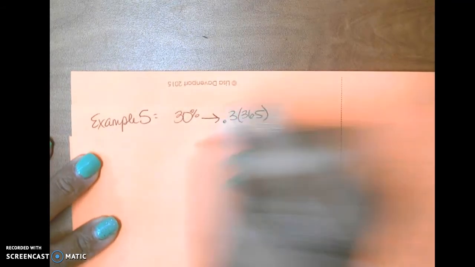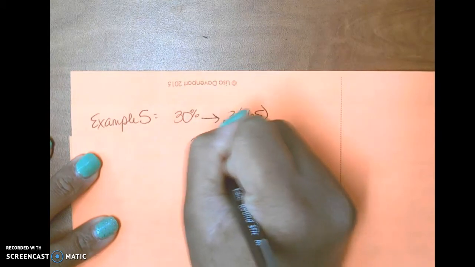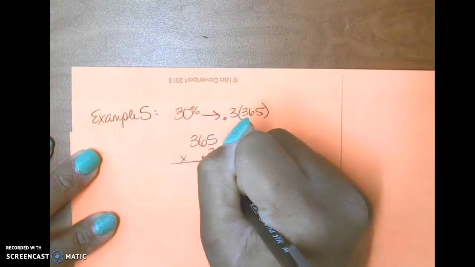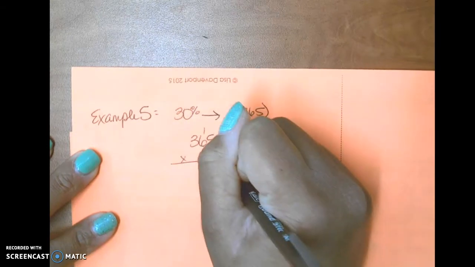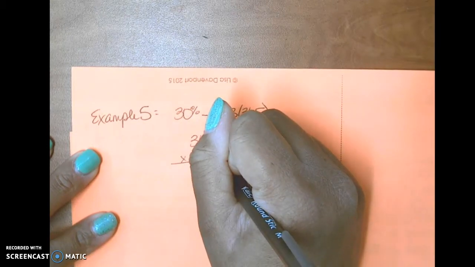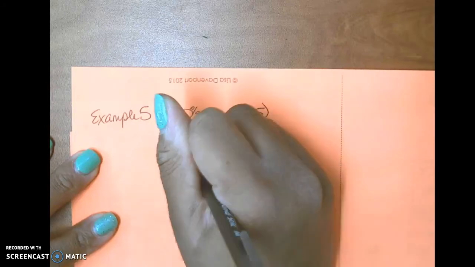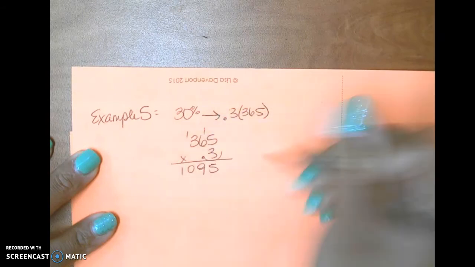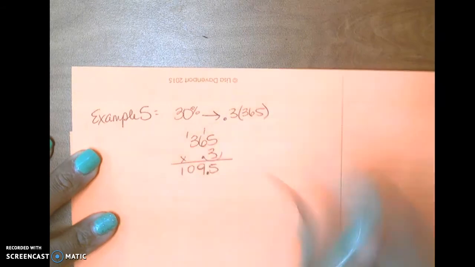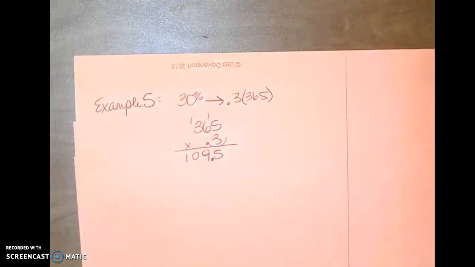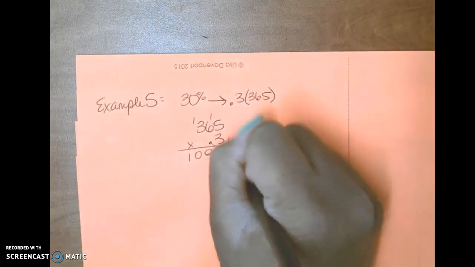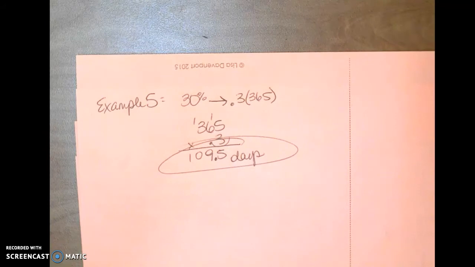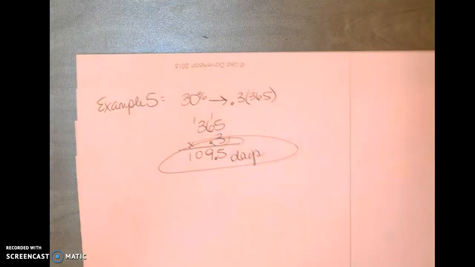I don't have to divide by 100 on this one. 365 times 0.3. 3 times 5 is 15. 3 times 6 is 18 plus 1 is 19. 3 times 3 is 9 plus 1 is 10. Move your decimal one place to the left. 109.5 days. Same answer, different method. Whatever works for you, do it.